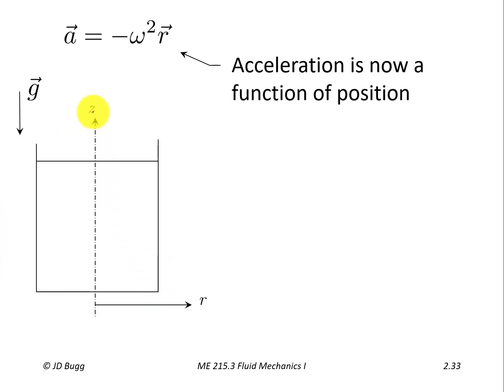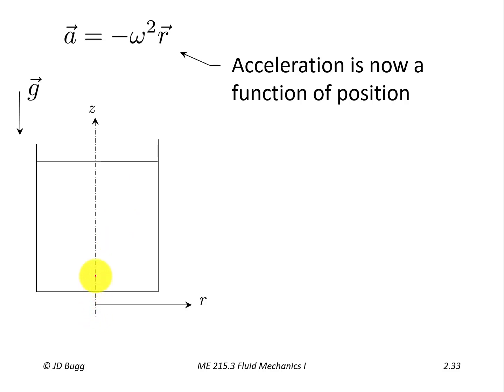But the important thing is this vertical axis Z here, this container is rotating around that axis. So rather than using a Cartesian XY coordinate system, these types of problems are a lot simpler to describe using a cylindrical coordinate system. So that's what we're seeing here.